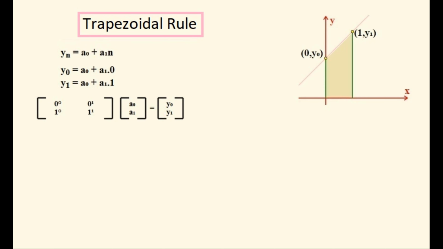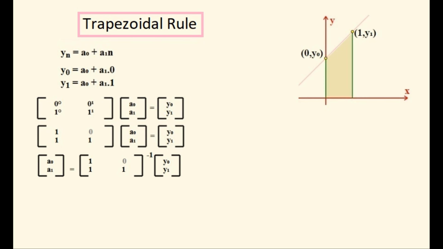These two equations may be rewritten as this matrix equation, and this is what it is after we evaluate all of its elements. And so we make the coefficients of the line into the subject of this equation, and then we can very easily calculate the inverse of this matrix.